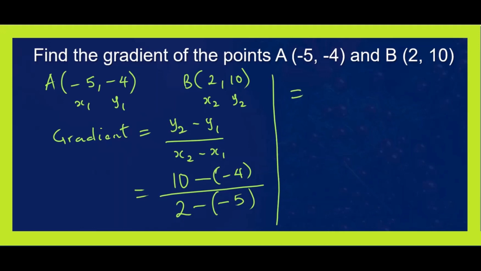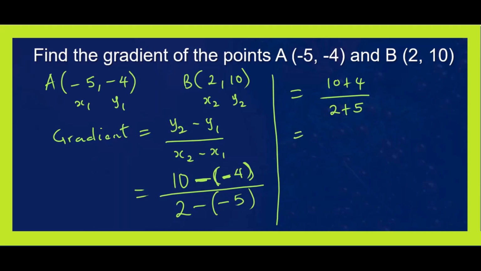So bracket means multiplication, so minus multiplied by minus will definitely give us plus, and so we have 10 plus 4 divided by, and for the down part, minus multiplied by minus again, we're going to have plus there, so we have 2 plus 5.